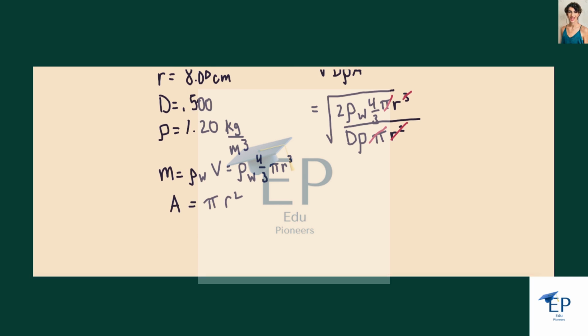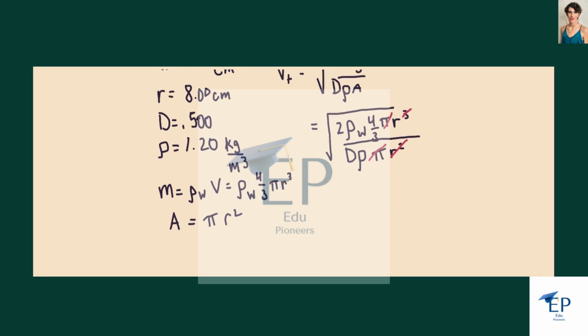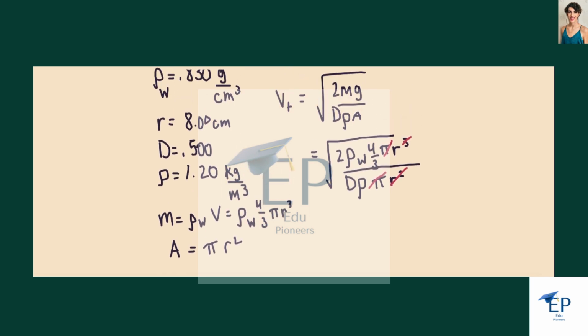So we want to do the square root of 2 times, and I'm going to convert everything to SI so that I don't have to worry about my units.